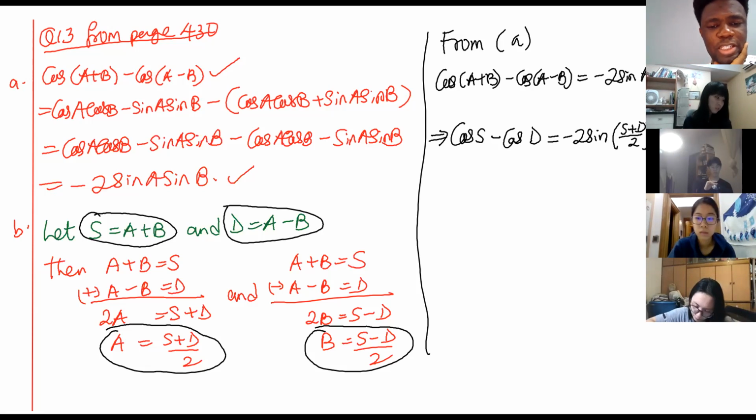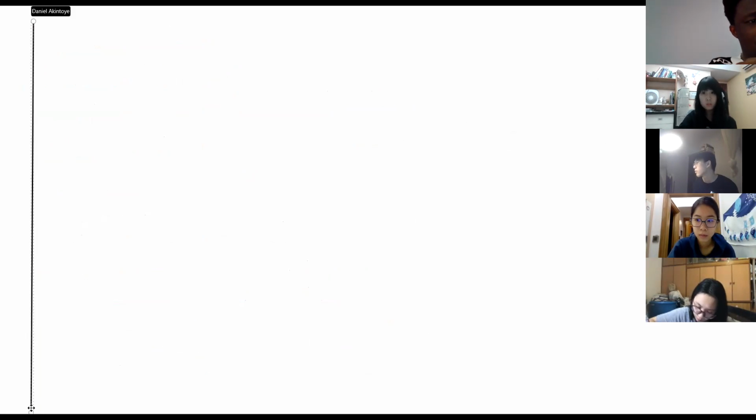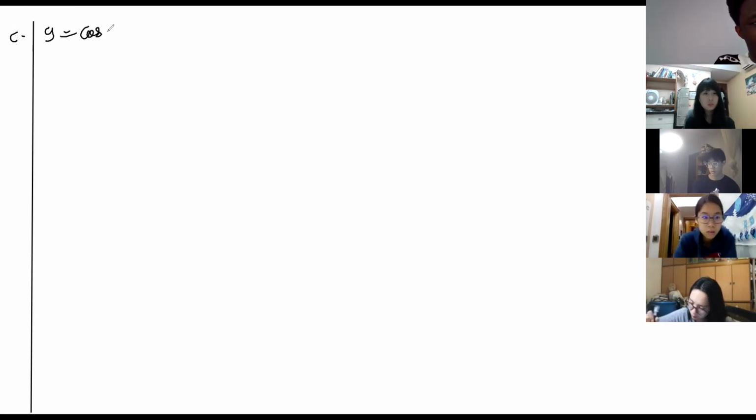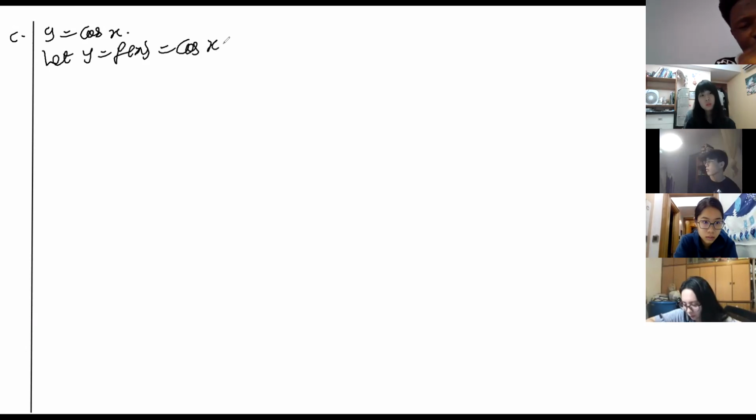Hence, find the derivative of cos theta. You might be wondering why we have to go through all this because of the derivative of cos theta. No worries. We want to find the derivative of y equals cos x, sorry. So let y be f of x, which is equal to cos x, right?